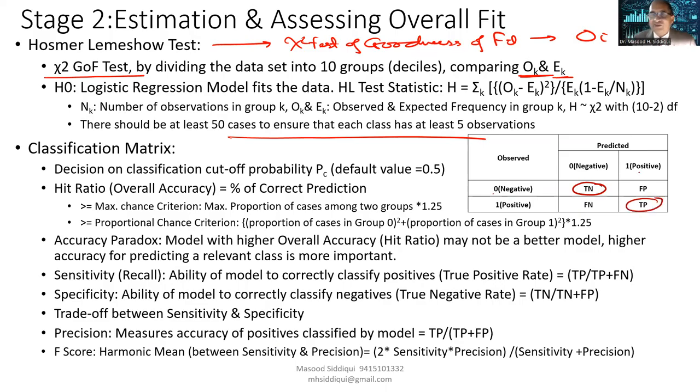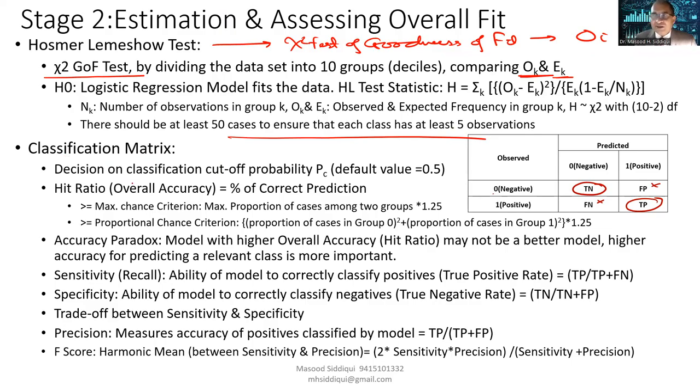Here, as I have mentioned earlier, it has been predicted as positive, but actually it is negative. So this is false positive. Here it has been predicted as negative, but actually it is positive. So this is false negative. On the basis of this, we develop a classification matrix.